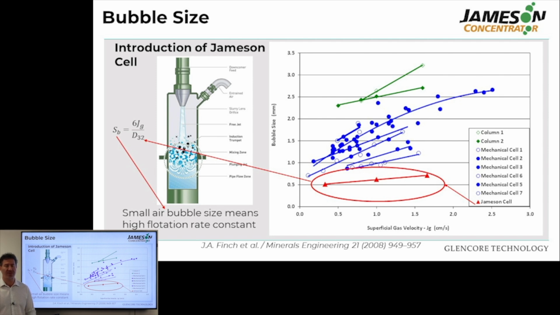So how does bubble size affect flotation kinetics? On the left side, you see this equation, which is how the bubble surface area flux is calculated. You can see that the smaller the bubble size, the higher this bubble surface area flux. And the higher the bubble surface area flux, the higher the flotation kinetics.